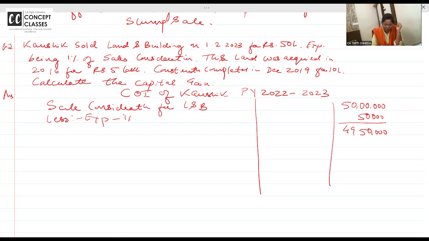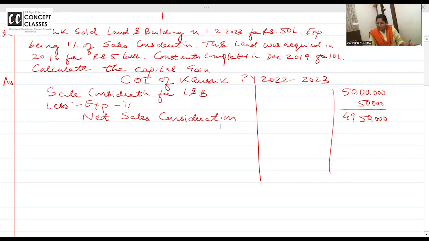Did you all do till here or not? Net sales consideration. Super duper scoring topic. Very good. Net sales consideration is 49 lakh 50,000.